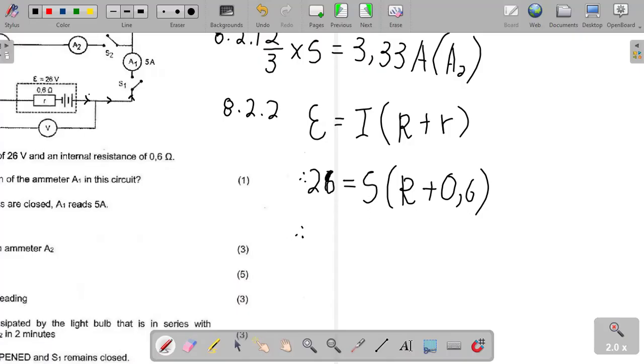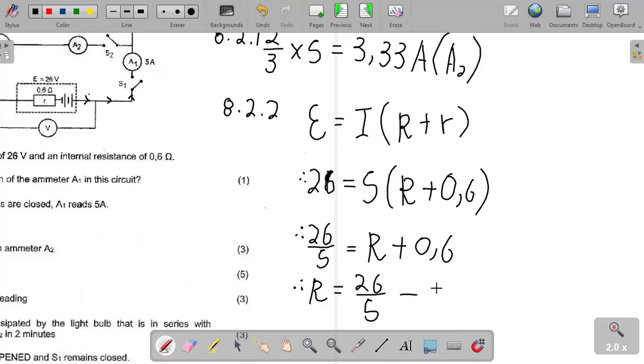So then we have 26 over 5 equals R plus 0.6. So we divide by 5, and we're going to have R equals 26 over 5 minus 0.6.